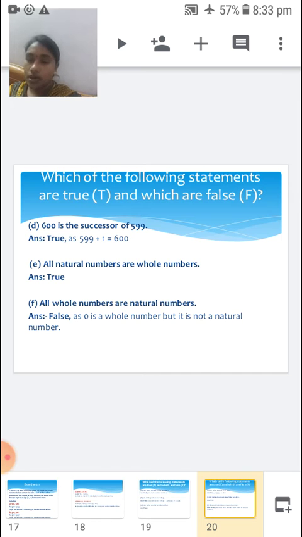So whole numbers have 0, whereas natural numbers start with 1. So the above statement is false. So what will be the answer for this? False, as 0 is a whole number, but it is not a natural number. The above statement is false.